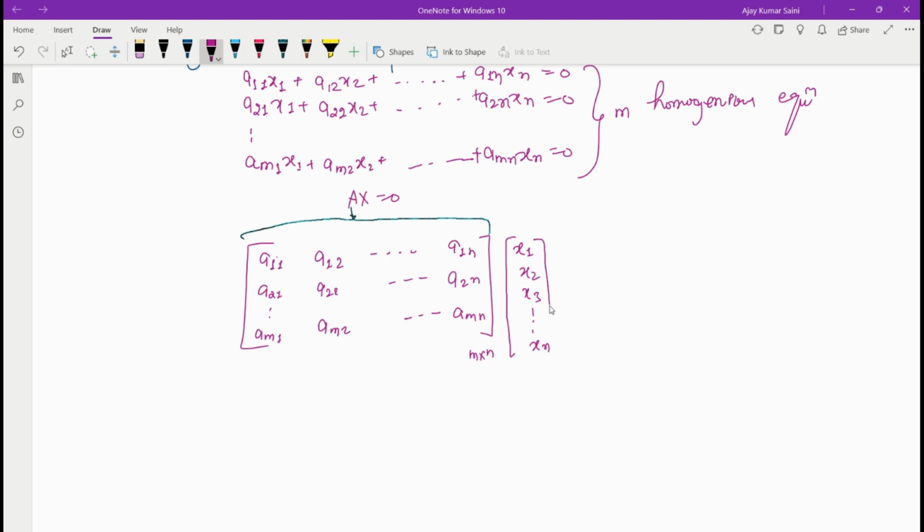If I multiply this by this, this term comes, and the same thing happens till a1n into xn. It is of the order n by 1, and is equal to 0. This matrix is known as the coefficient matrix.